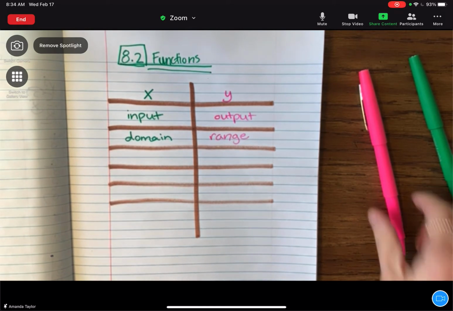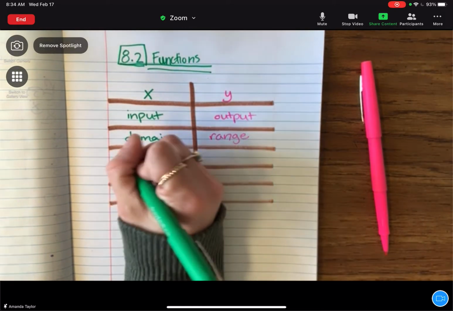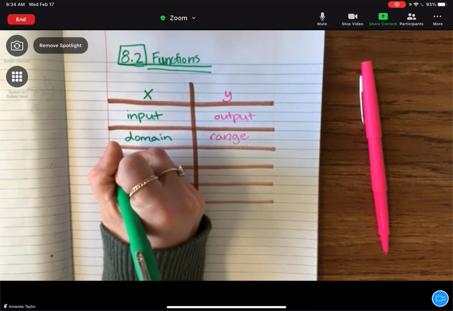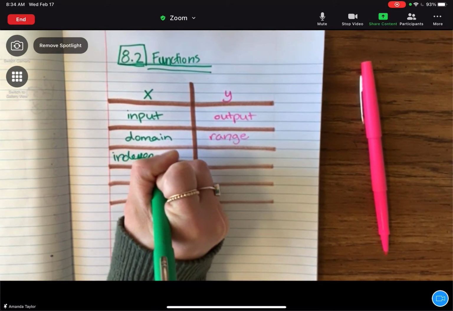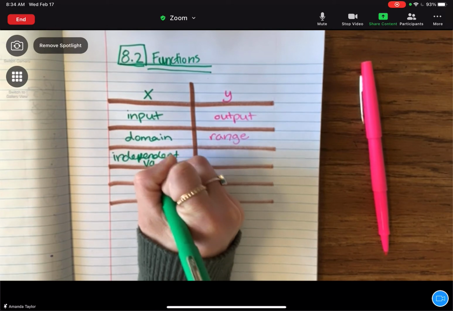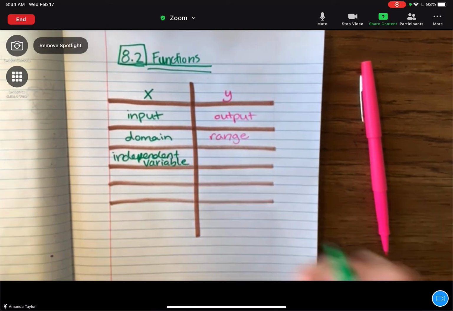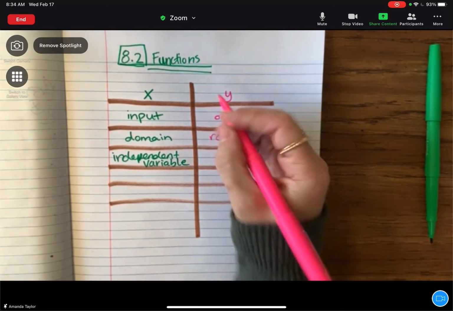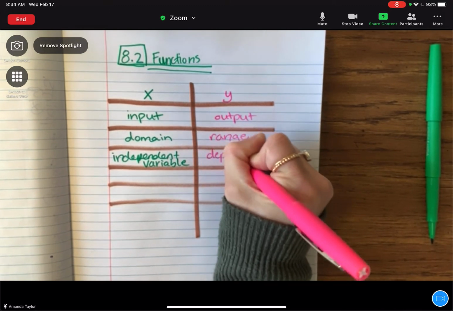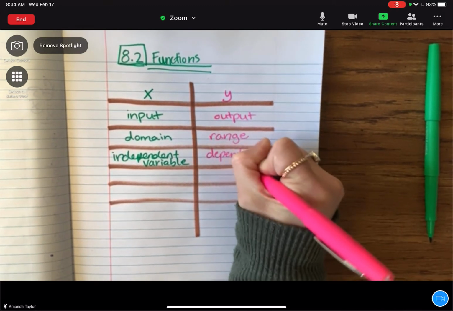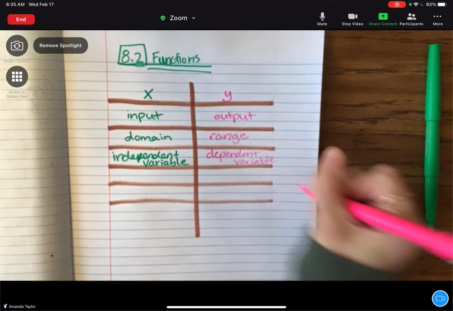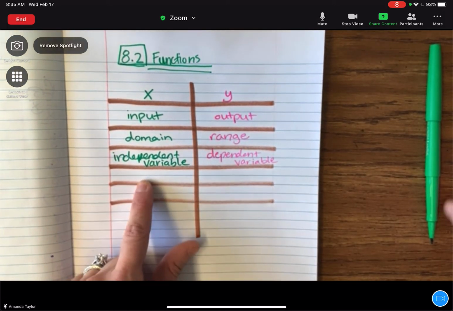Then let's talk about, this goes with science class. X is the independent variable. And what is the Y? Dependent. The Y value depends on the X value.